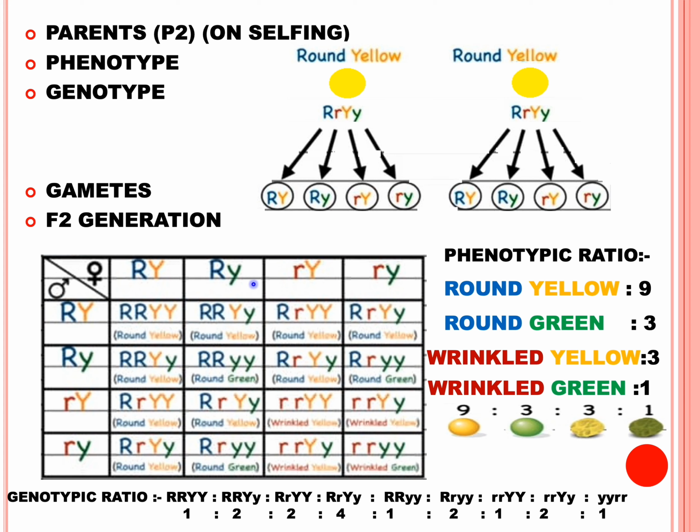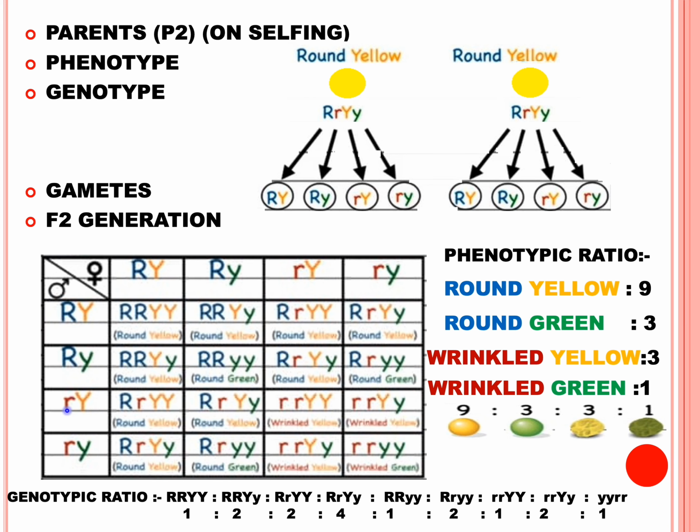If this male gamete with small r, capital Y fuses with the female gamete having capital R and small y, the genotype would be capital R, small r, capital Y, small y. And this time you can see that the dominant feature round and the dominant feature yellow color of seed would be obtained.